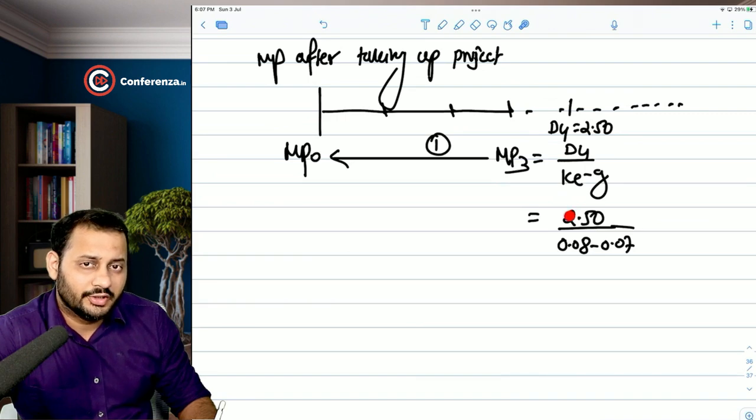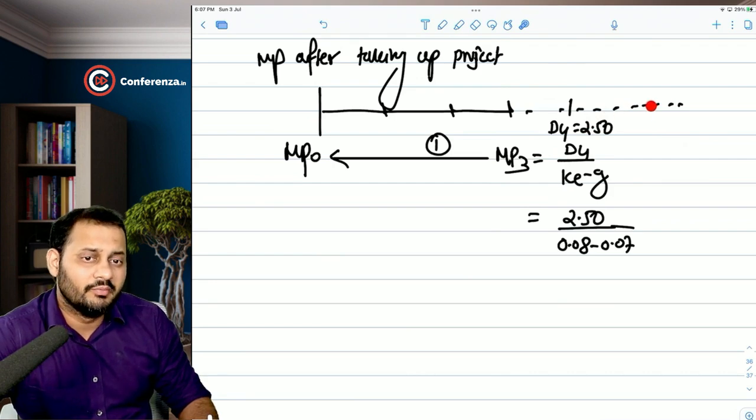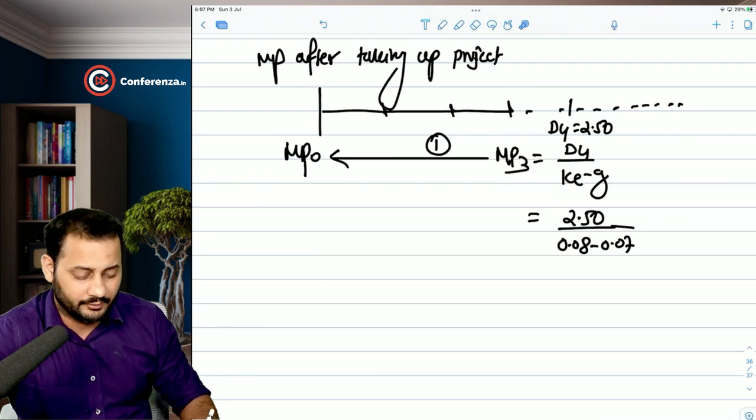For MP4, we will need D5 and then we will have to add growth in 2.5. It will become D5, and with D5 you can only calculate MP4, not MP3.